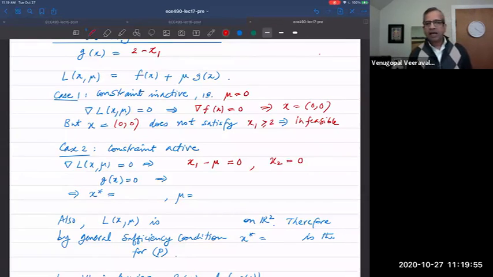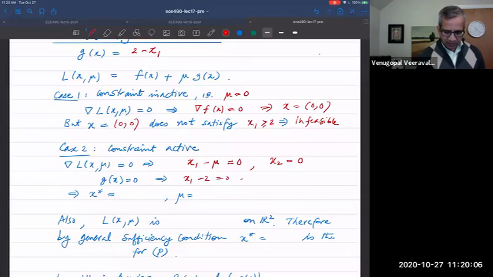Also we have the constraint that g(x) is equal to 0, it's active. So that says that x1 minus 2 is equal to 0, or x1 equal to 2. So x1 is 2, x2 is 0. So x star is (2, 0), like we guessed earlier, and mu equal to 2.